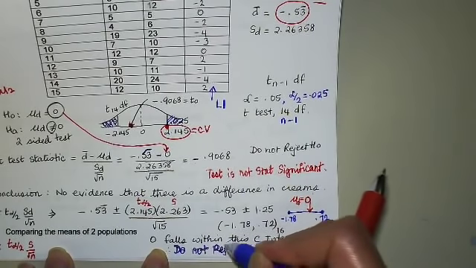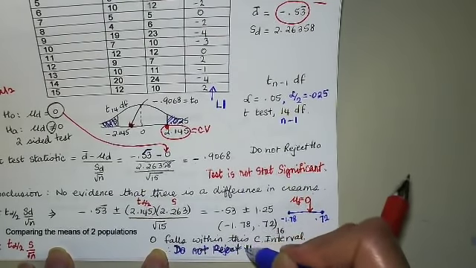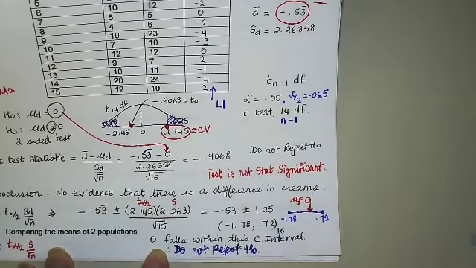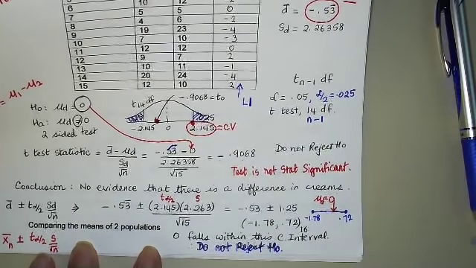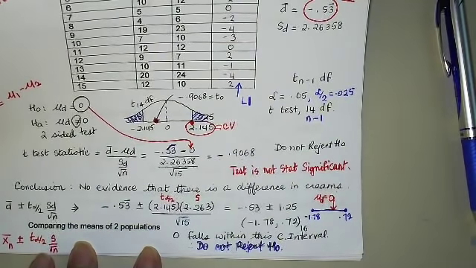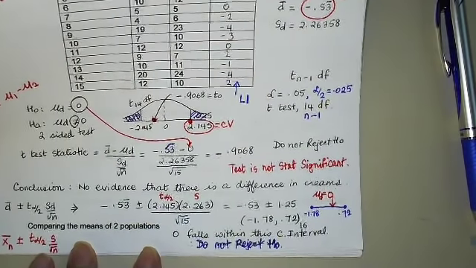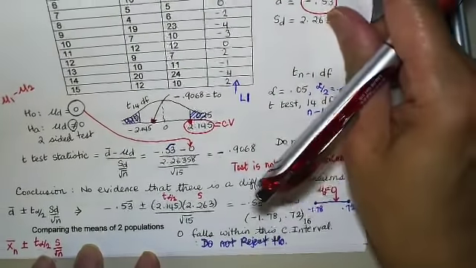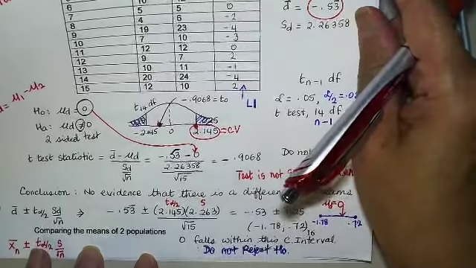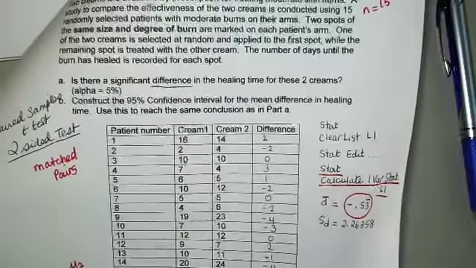As usual, when what you see in the null hypothesis falls in the confidence interval, your conclusion is do not reject H0, which is what I'm saying. That's a matched pairs design. Is it completely clear?